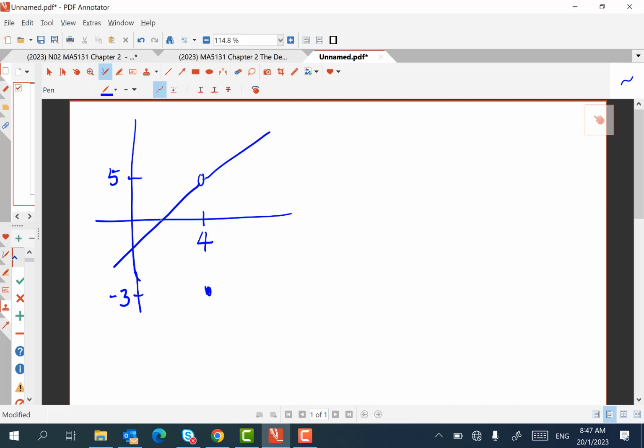So maybe this line is y equals x. This will be 3, I think minus 1. Let's change this number. Let's call this one negative 7.